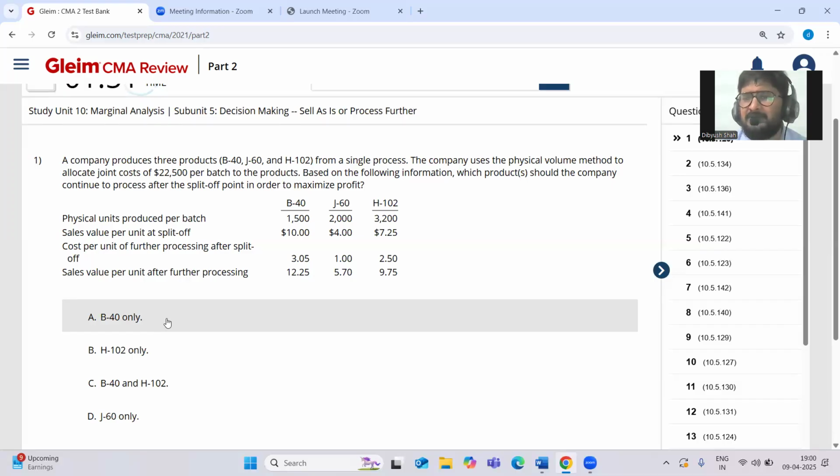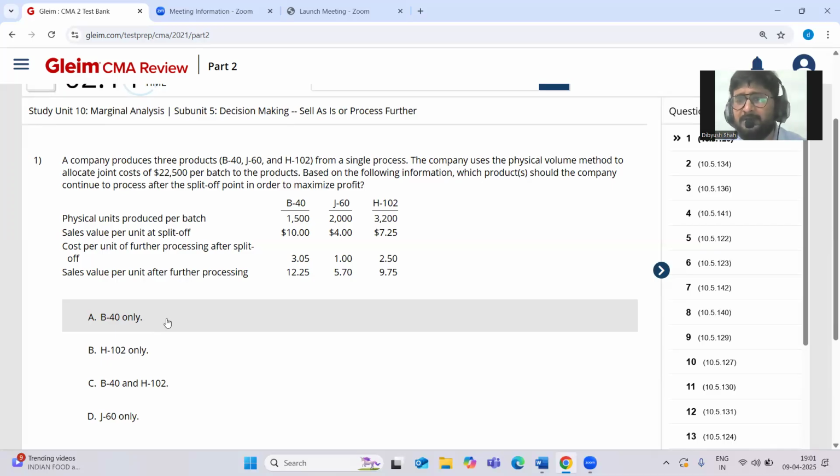Based on the following information, which products should the company continue to process after the split off in order to maximize profit? Now, before I read, what is joint cost here?